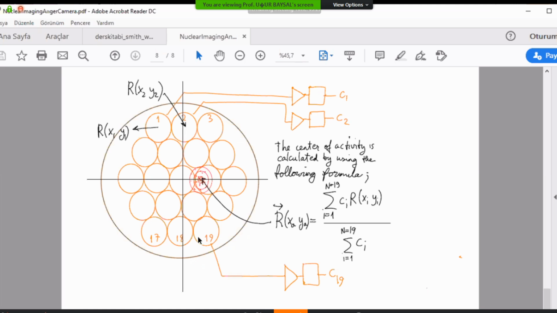Usually the number of photomultipliers may be 19 or 31 or even more. This is the simplest and smallest Anger camera of 19 photomultiplier tubes. So we have 19 variables after a scintillation. The scintillation point is here, right where the cursor is placed, and it has a circular variation.